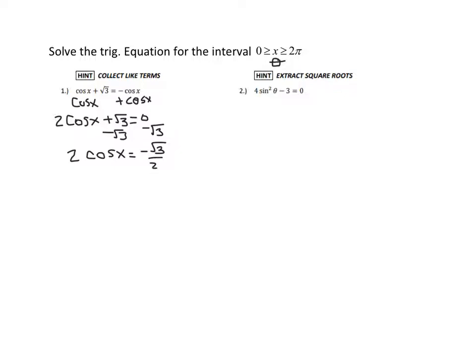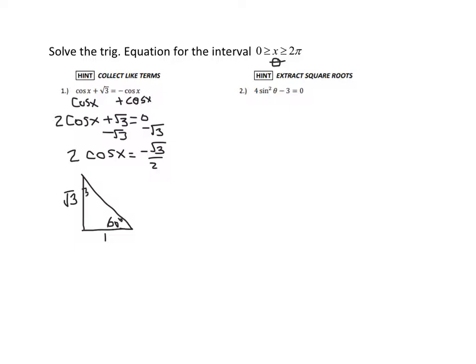Now when I see this, this tells me I could use the unit circle. But I don't like using the unit circle because I don't like to memorize it, and all I need to know are the special triangles. So I'm going to draw a special triangle here, and I know this is a 30, 60, 90. This is going to be 1, this is going to be square root of 3, so this is 60 degrees.